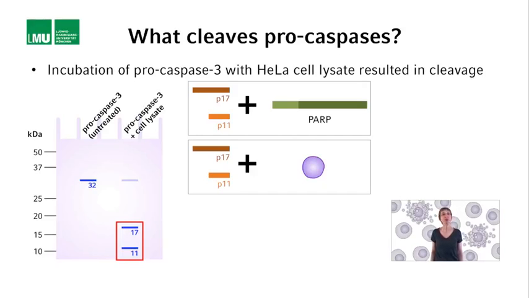Why did they incubate those reactions with PARP? As we discussed earlier, PARP was already known to be cleaved by caspase-3. It was the first substrate of caspase-3 identified. It was actually through PARP cleavage that caspase-3 was identified in the first place. But why nuclei?